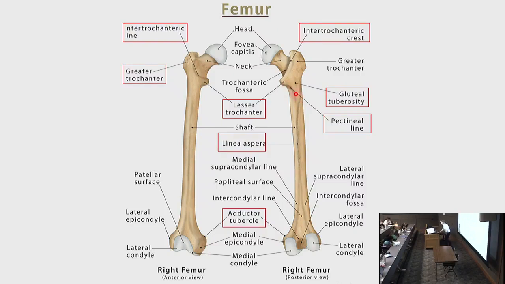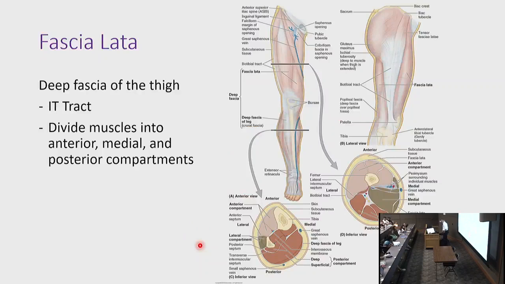And then another structure important for insertion is your adductor tubercle down here on the medial aspect of your leg. Anyone want to guess what muscle might insert there? Part of your adductor magnus, right? Adductor tubercle.